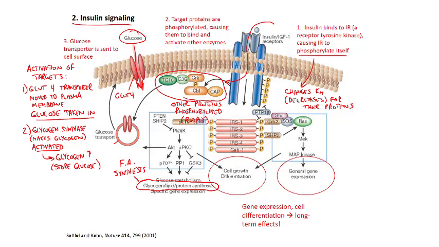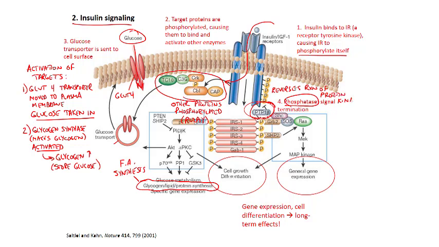All right, lastly, we need to have some mechanism of termination. So our mechanism of termination involves a phosphatase. And so that's this enzyme here, protein tyrosine phosphatase 1 beta, PTP1 beta. So a phosphatase essentially reverses the reaction of protein kinases.